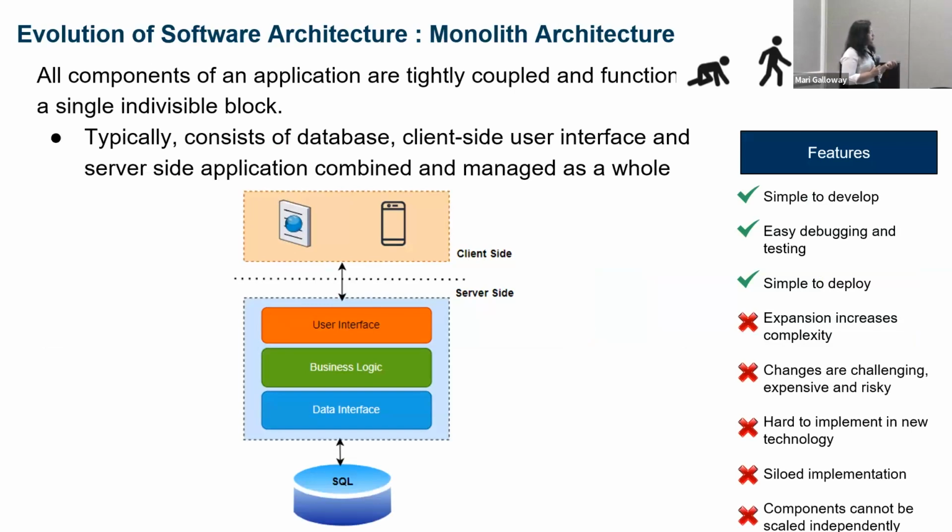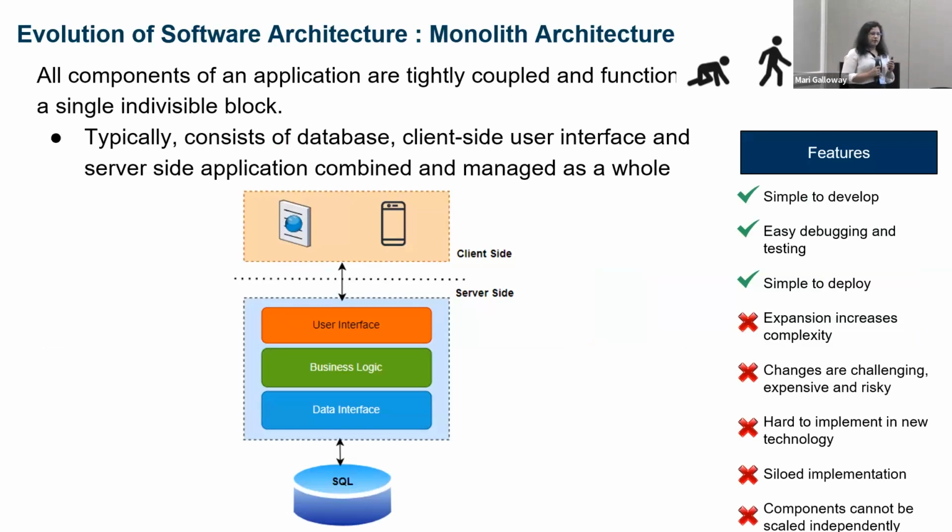It typically consists of a client side, server side, and a database. It is developed as one single codebase, with all the code connected together. Because of that, it was simple to develop as well as simple to deploy. And it was easy to debug and test as well, since it was one single piece of code all connected together.